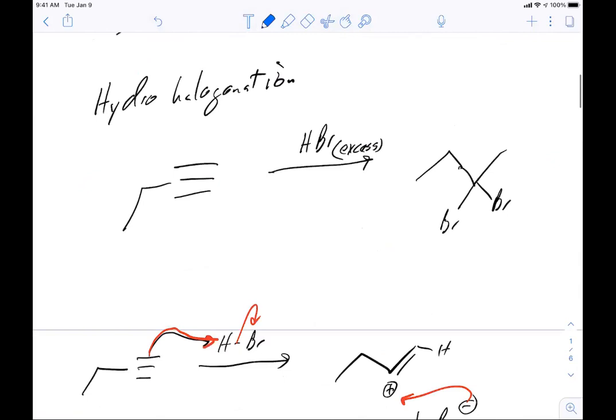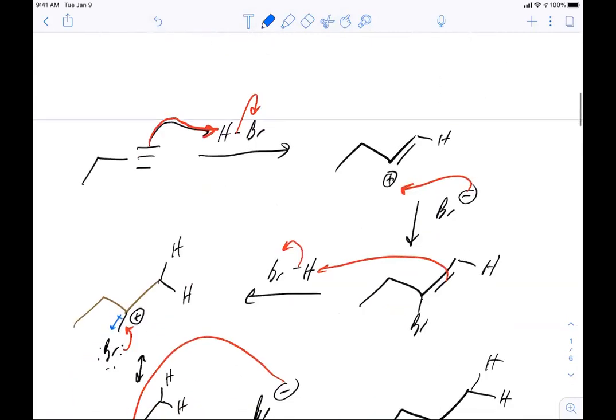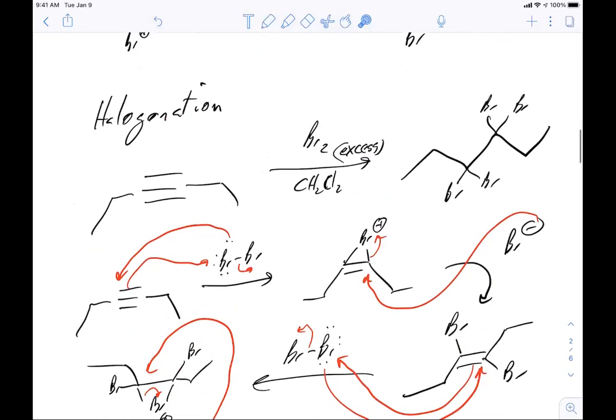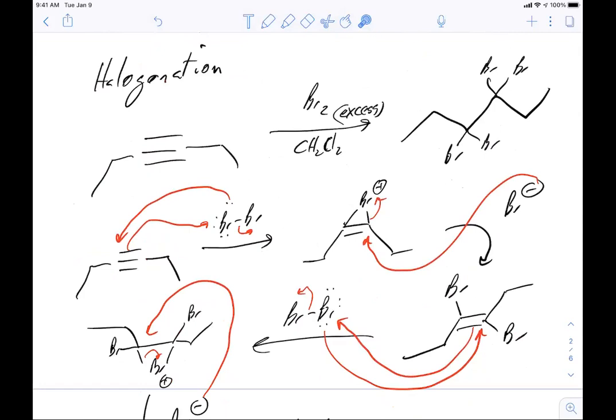The hydrohalogenation gives you the same regioselectivity, but the thing you have to add is that both halides would actually add to the same side because of this resonance stabilization here shown by this bromine positive. When we go to halogenation, again, we get the same type of brominium intermediate, which would allow us to get a trans bromide if we had added one equivalent.